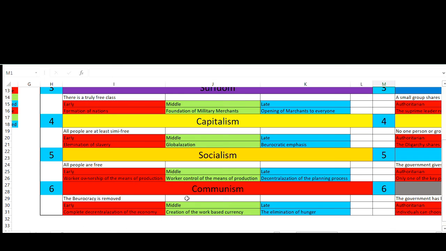Middle communism is the creation of a work-based currency, which basically means that literal hours of work are used as your currency. Different hours of work would be worth different amounts depending on your job.